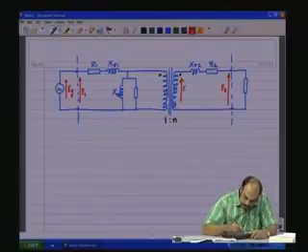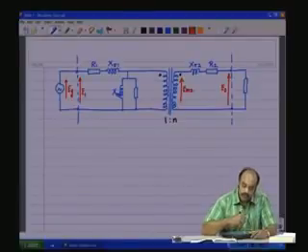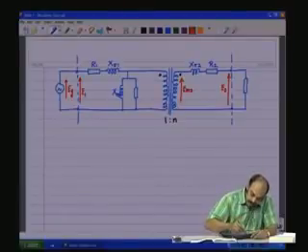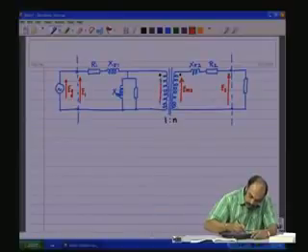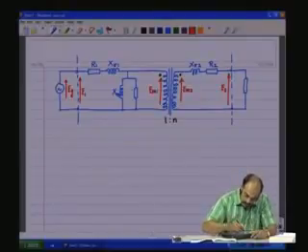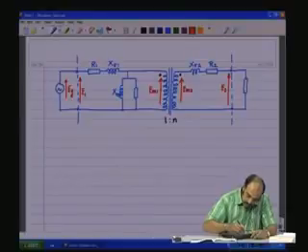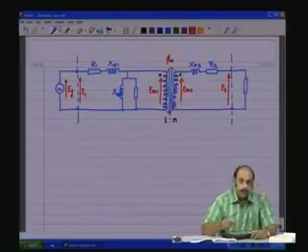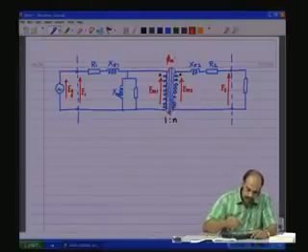This is the induced EMF due to the mutual flux on the secondary side, induced EMF on the primary side due to the mutual flux. There is of course a mutual flux which links the two coils, primary and the secondary.